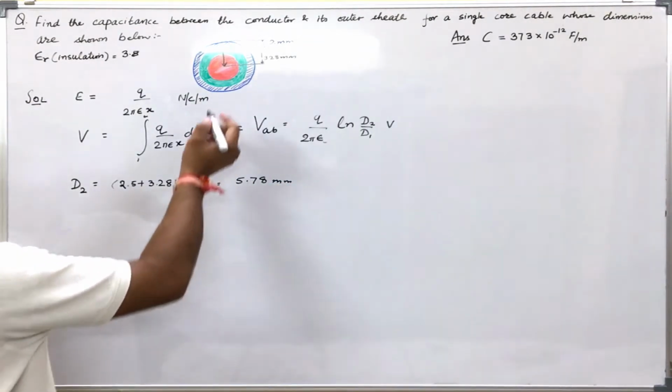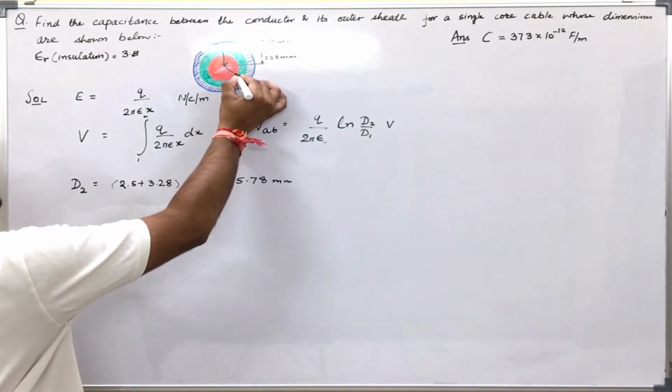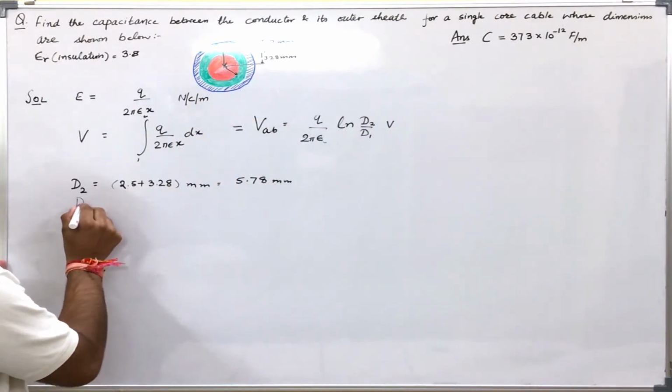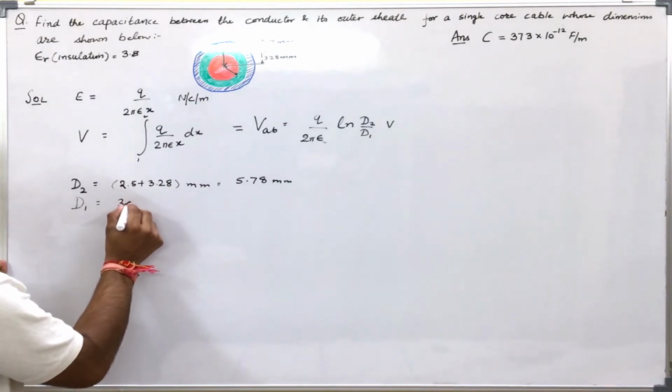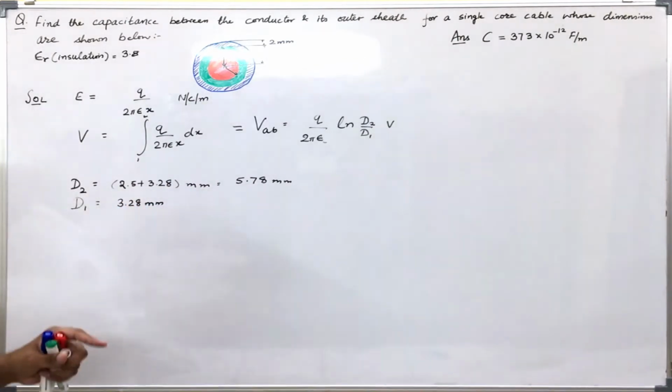And what is D1? D1 is nothing but the radius of this conductor, and D1 is equal to the radius, which is given as 3.28 millimeter.